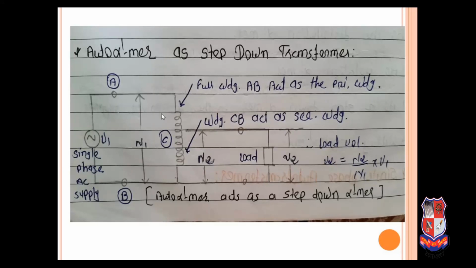From that we can say that the auto transformer works as a step down transformer. The voltage is stepped down. The voltage built up across the load is defined by V2 is equal to N2 divided by N1 into V1.